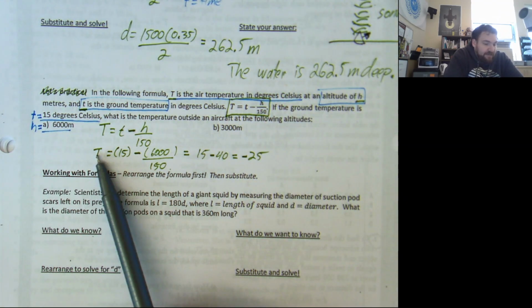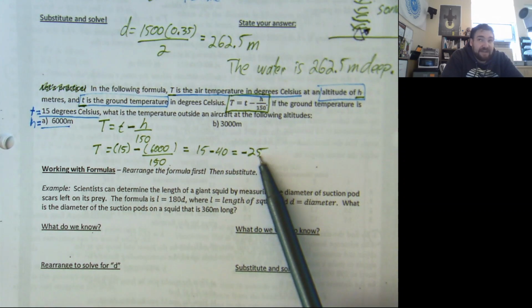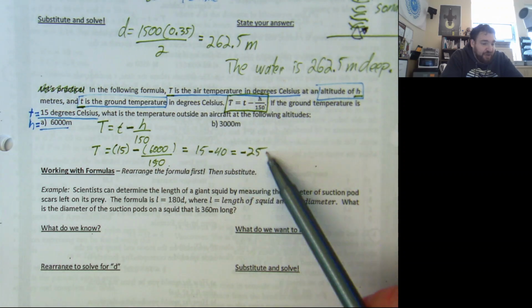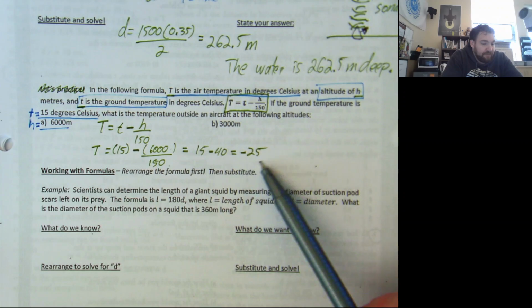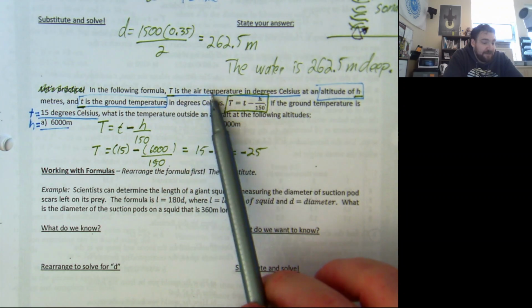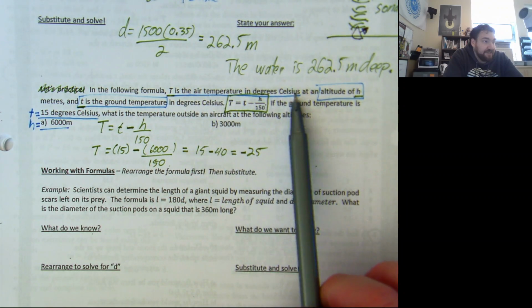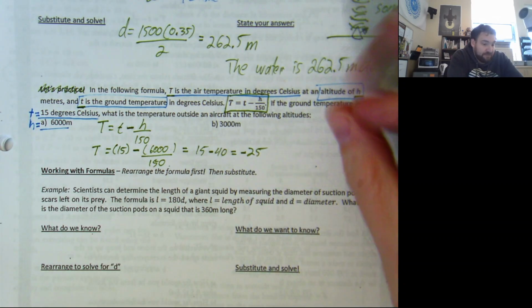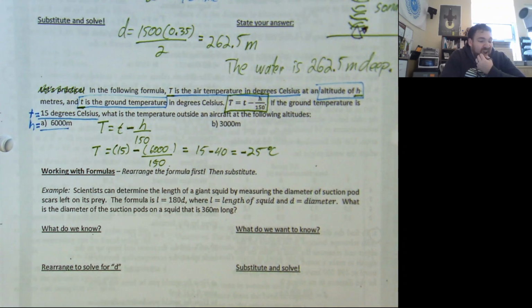So big T equals negative 25. Negative 25 of what? What is this a measure of? Big T was the air temperature in degrees Celsius. So this negative 25 should be degrees Celsius. And because the question was given to us in a paragraph, we have to give our answer in a sentence.